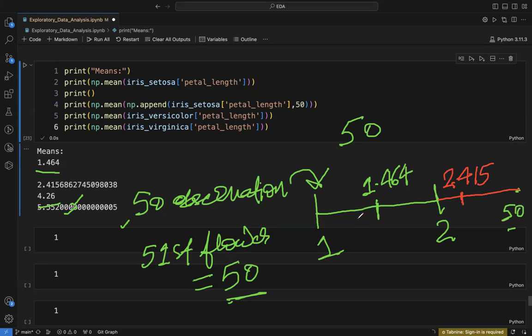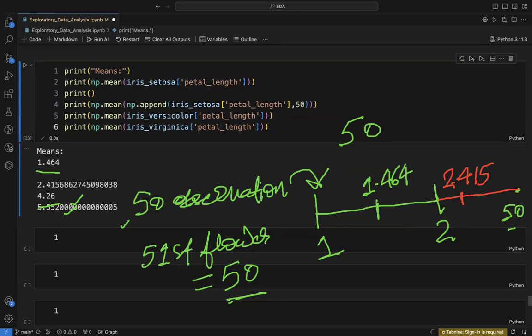And this mean tells you nothing, because 50 points are lying here and only one point lies there. So this one point has corrupted my mean drastically. Mean is nothing but, as I've already told you, the summation of all the numbers divided by the count.